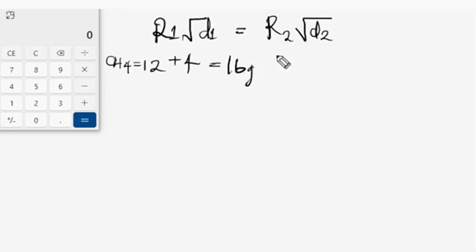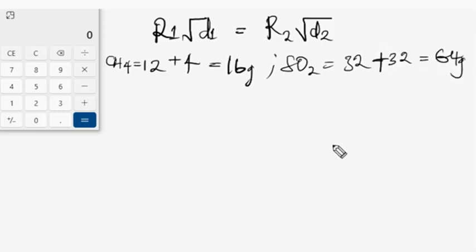And then let's also do the same for sulfur dioxide. So sulfur is 32. Then oxygen is 16, then times 2 is 32 as well. And that's 64 grams.